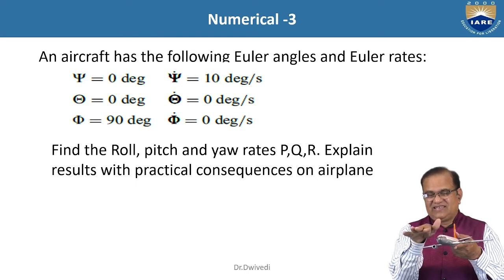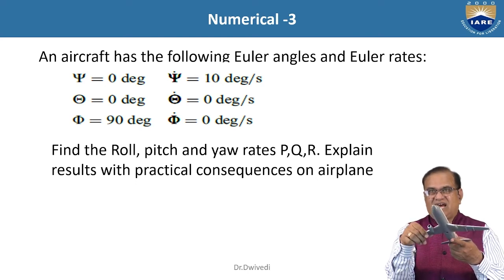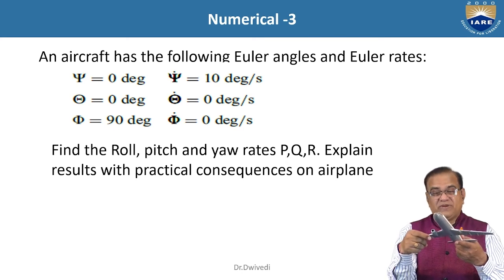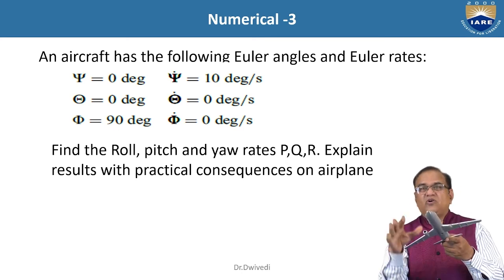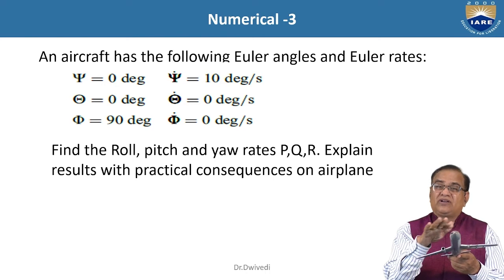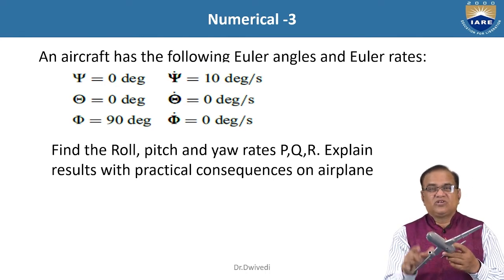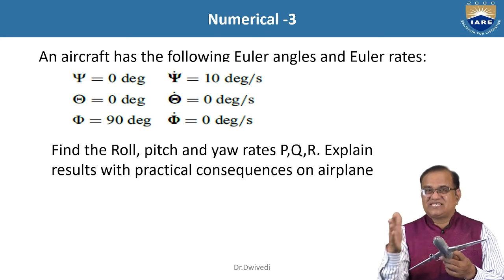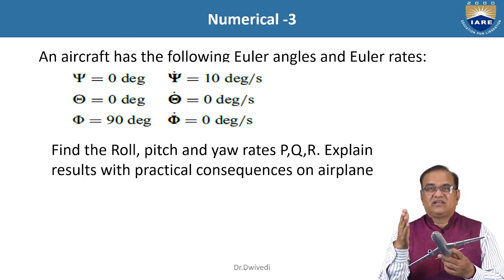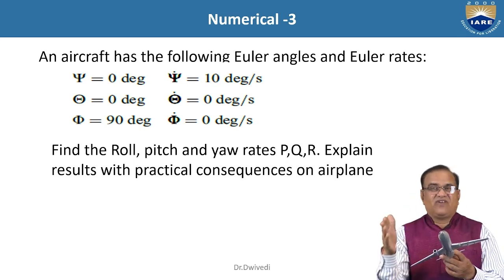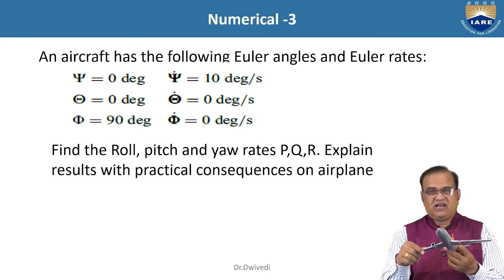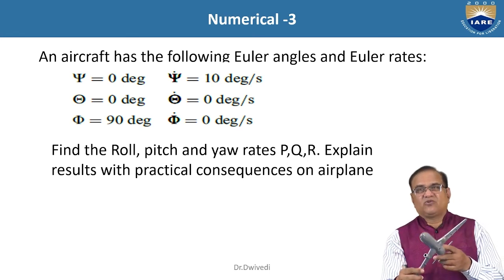First psi, then theta, pitch. After pitch, it is roll. So first you have to turn the yaw, then the pitch, and then the roll. So psi, theta and phi mean yaw, then pitch and then roll.